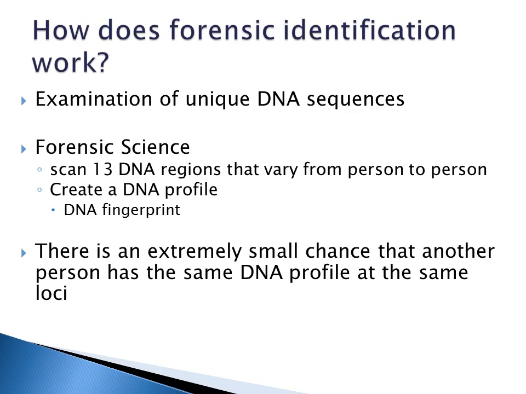How does DNA forensic identification work? Any type of organism can be identified by examining DNA sequences that are unique to that species. To identify individuals, 13 DNA regions that vary from person to person are used, and these variable regions create a DNA profile of that individual, and this is also considered a DNA fingerprint.